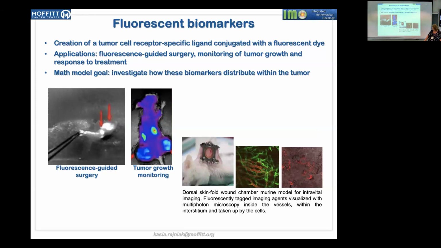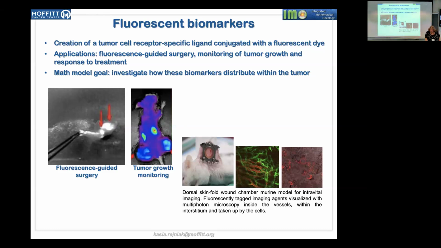And they are doing that specifically for fluorescence-guided surgery. So when the surgeon is cutting out the tumor, they see the bulk of the tumor cells, but if the cells start migrating, usually they couldn't see them. If they have the fluorescent dye attached, then under the fluorescent light, like here in this picture, they could actually see when those cells are moving and could maybe cut them.